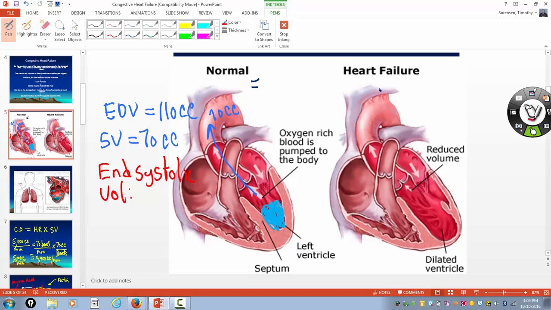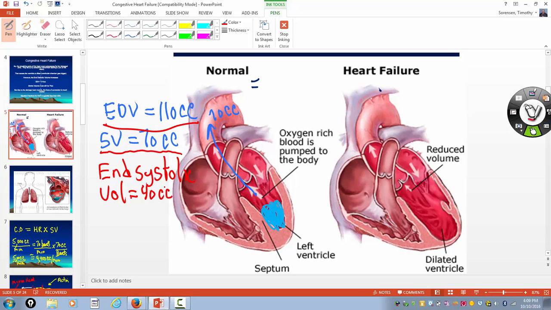The end systolic volume is the amount of blood in the left ventricle after it contracts. So what was the amount of blood before it contracted? 110. What was the amount of blood ejected with the contraction? 70 cc's. So the end systolic volume in a normal heart is about 40 cc's.